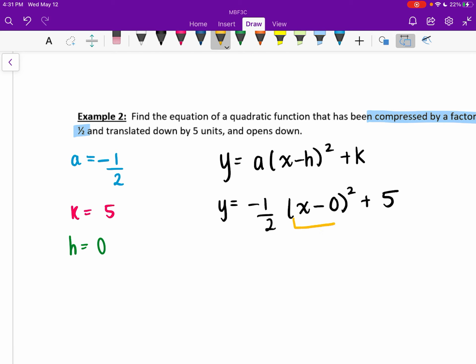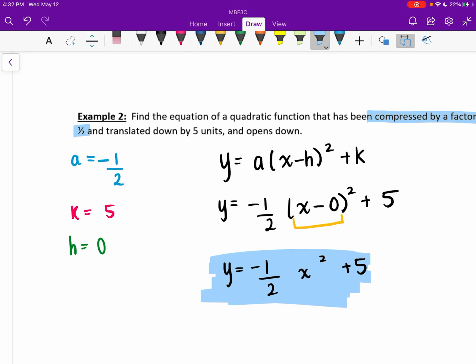I don't like how this whole x minus 0 situation looks, so I'm going to simplify it and write it as x squared plus 5. You could also write this with the brackets, but it's probably better without them. If you think it looks cleaner with the brackets, that's fine by me as well. And that's your answer. So therefore, y is equal to that.